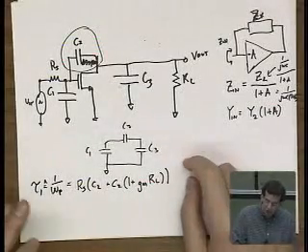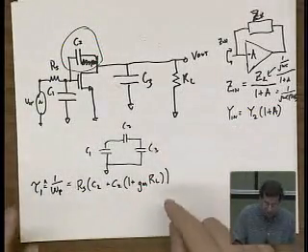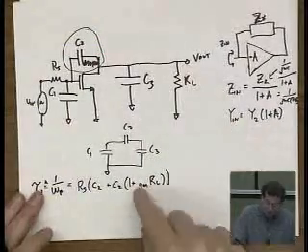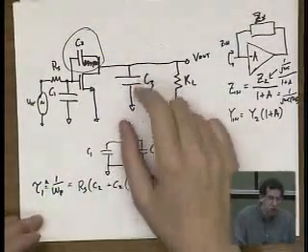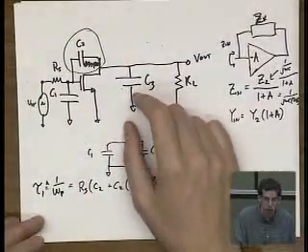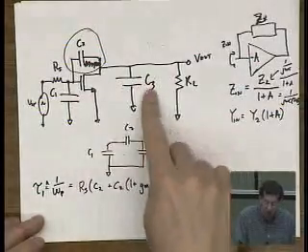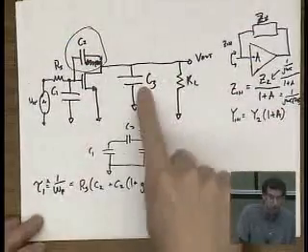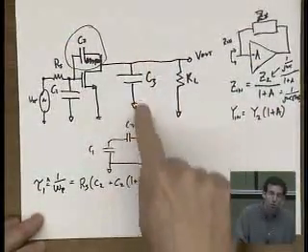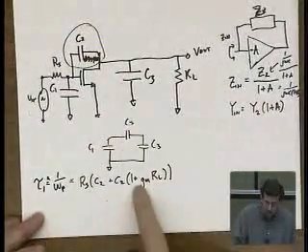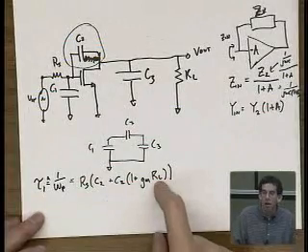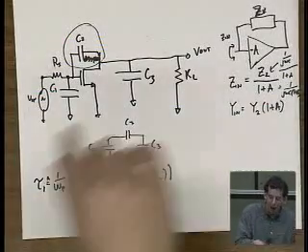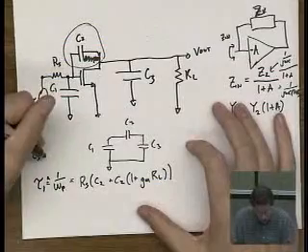Another way of putting why that is a false assumption is, what is the gain through this? It's not GMRL. It's basically GM Z out, right? And this C3 will load down your circuit. So if the impedance through C3 is very small, the gain won't be 1 plus GMRL. And that comes into play when here I'm assuming C3 small.